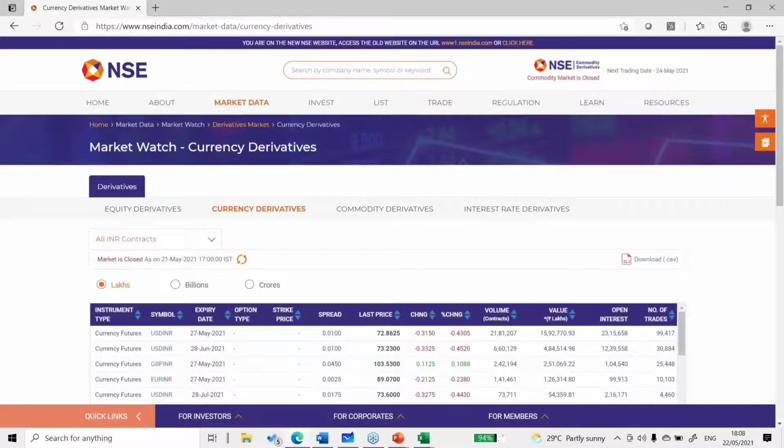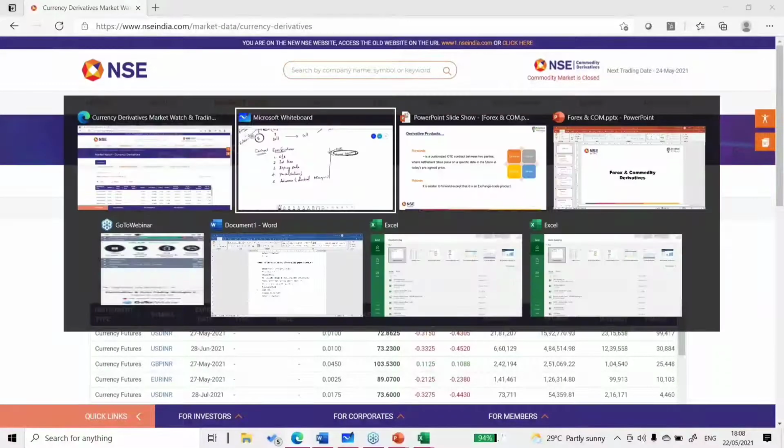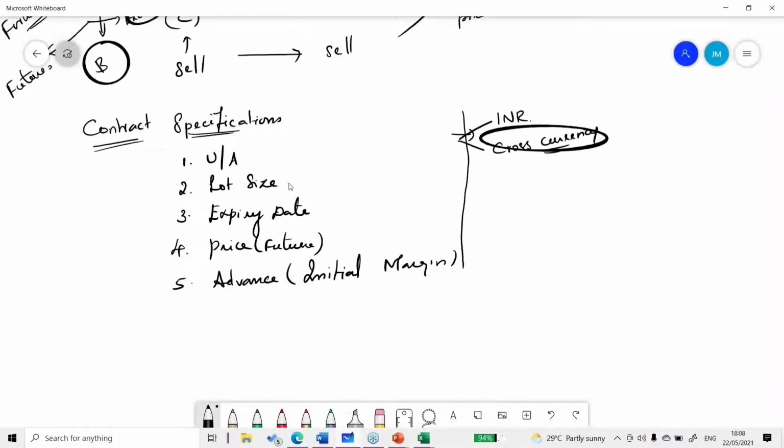The first thing is the underlying asset. Second, the lot size. For all three except JPY INR, the lot size is going to be 1000 quantity. For JPY INR alone, it is going to be 1 lakh. The expiry date is going to be 2 days prior to the last working day of the month.